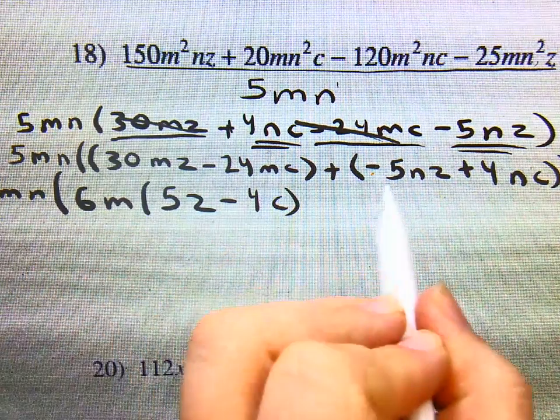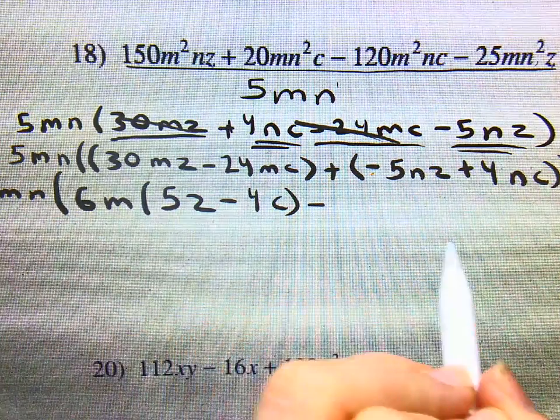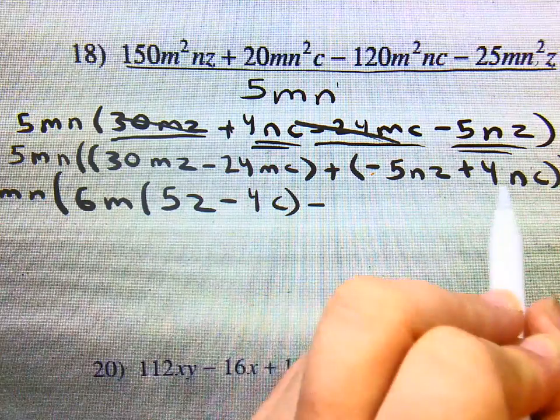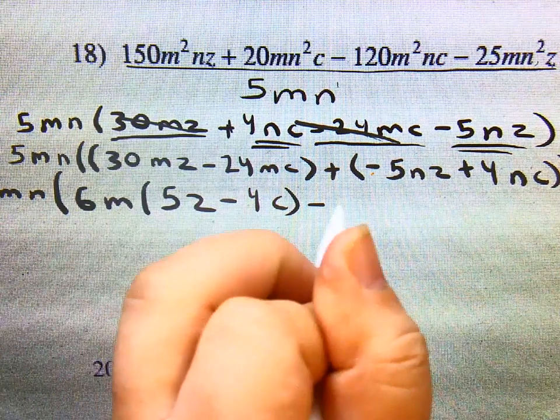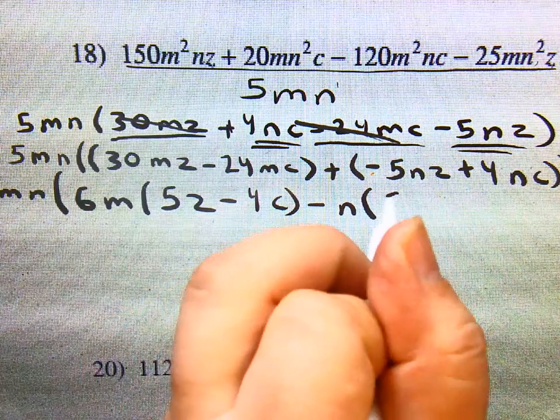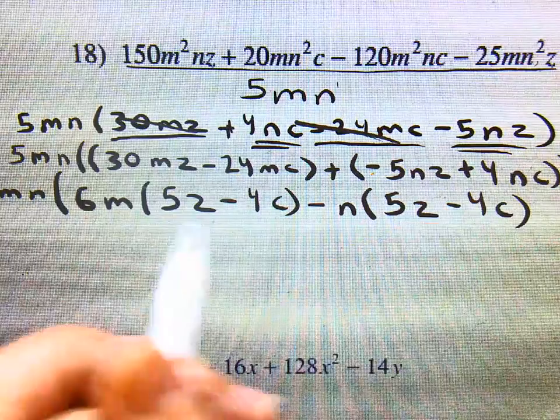Over here, I have a negative, so I'm going to want to make sure I pull out a negative. At least a -1, since 5 and 4 can't be simplified, but I do have an N and an N, so I'm going to pull out a negative N here. So that gives me 5Z minus 4C.